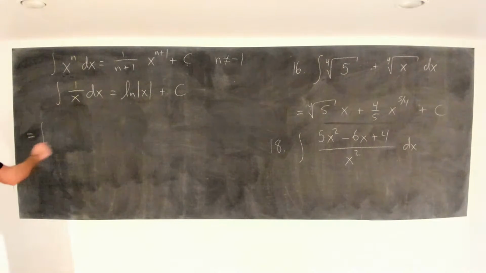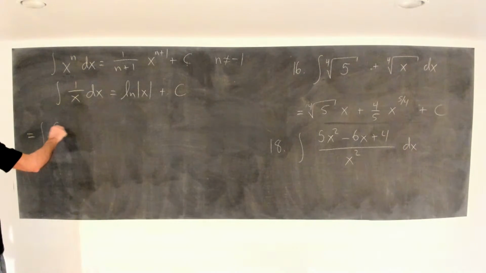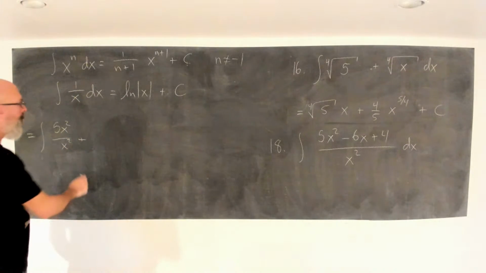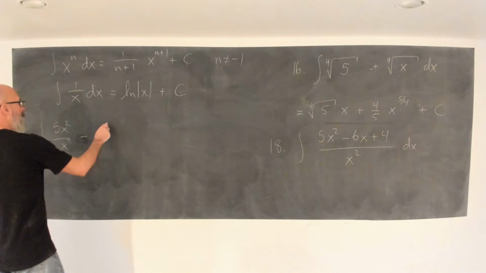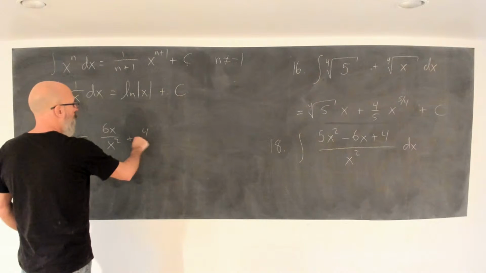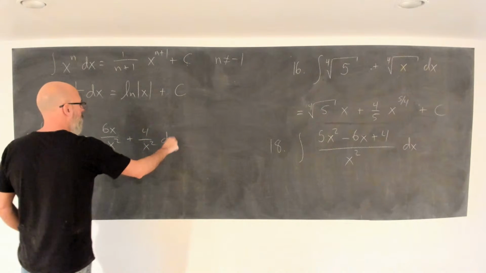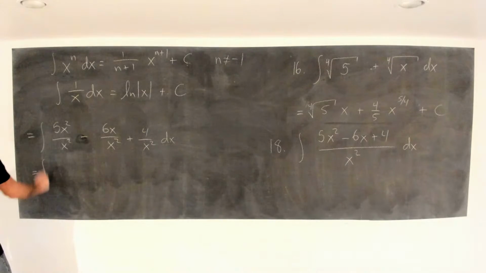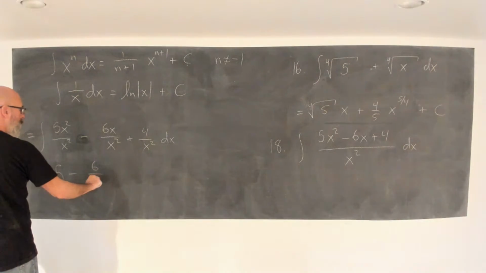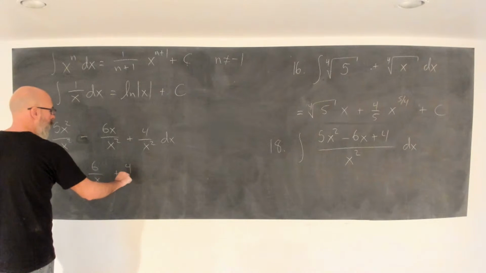You can rewrite that as 5x squared over x squared minus 6x over x squared and 4 over x squared. Simplify that: 5 minus 6 over x plus 4 over x squared.